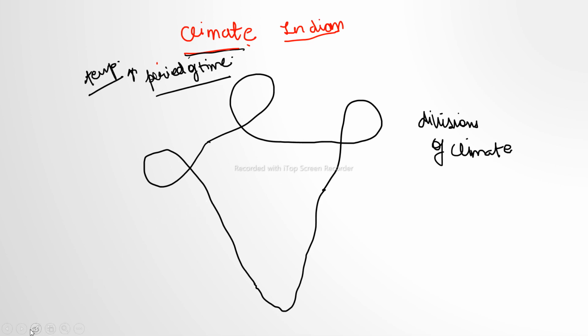When I look at the Indian map, I can divide India by the Tropic of Cancer, which goes on from here like this. This is your Tropic of Cancer, and it passes through India at 23.5 degrees latitude.